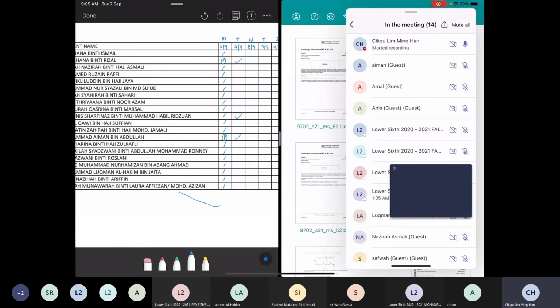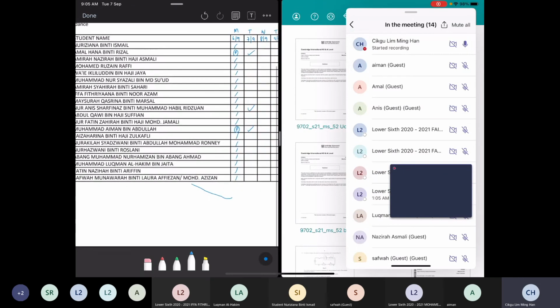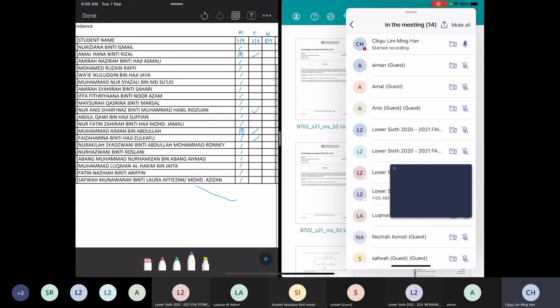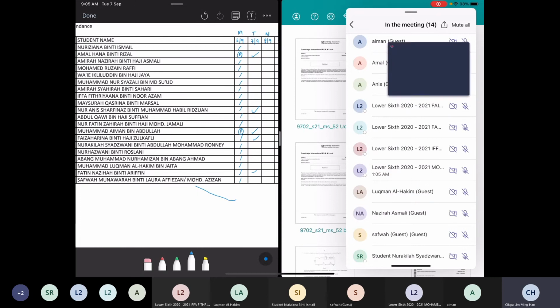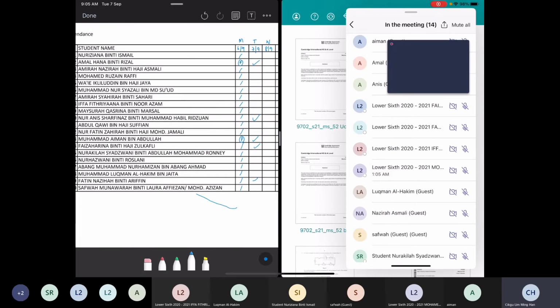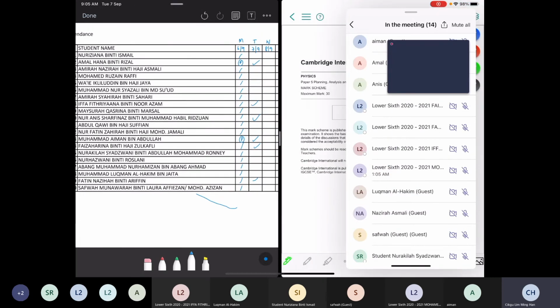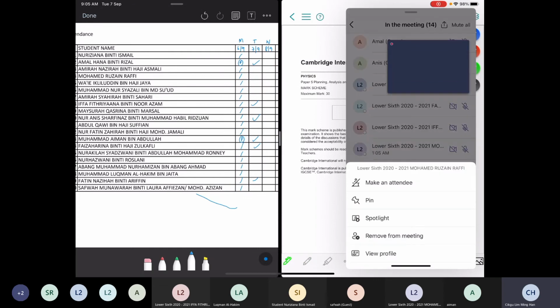We have Faizal. Where is Faizal? Faizalina. And we have Fatin, Naziha. And then we also have Ifa. We also have, who is this one? Let me, I cannot see this guy.